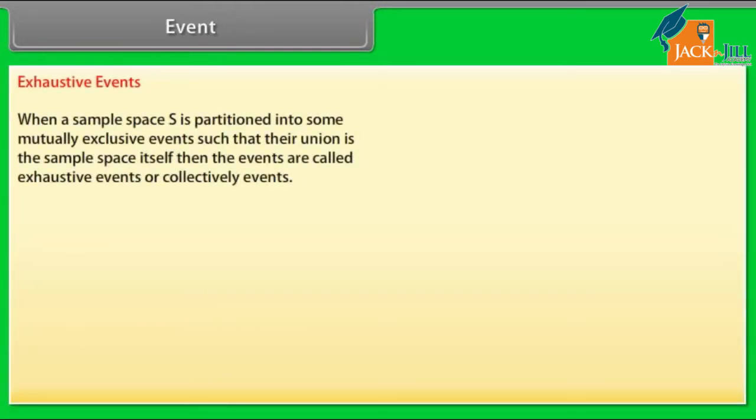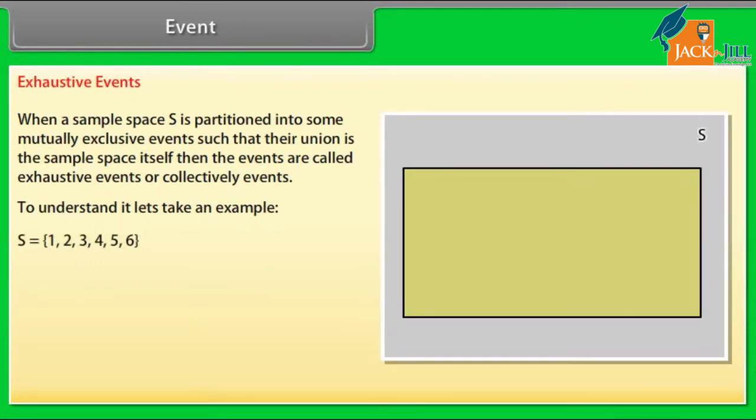Exhaustive events. When a sample space S is partitioned into some mutually exclusive events such that their union is the sample space itself, then the events are called exhaustive events or collectively exhaustive events. To understand it, let's take an example. S is equal to {1, 2, 3, 4, 5, 6}.